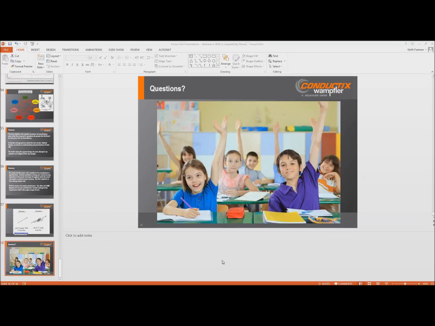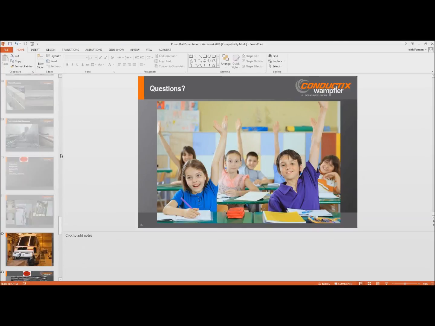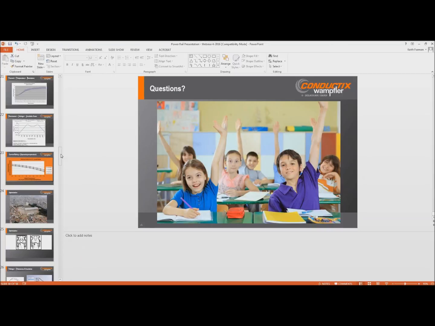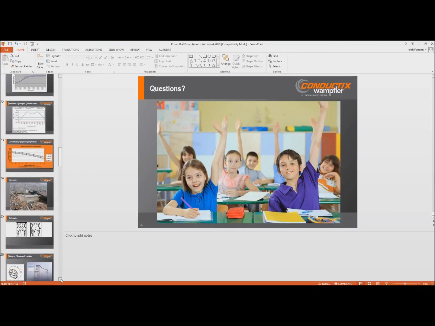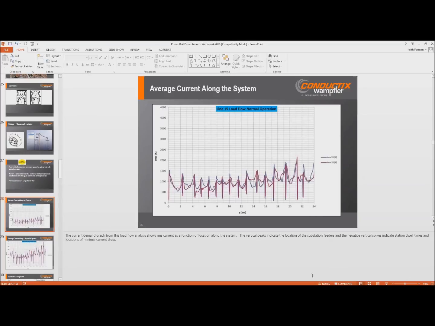Question regarding the current versus chainage graph, difference between the red and blue lines. Let's go back to that. Oh, red and blue lines. Yeah, okay.